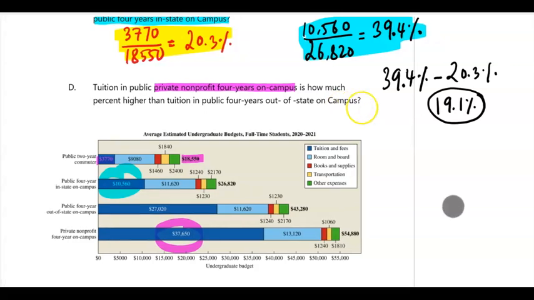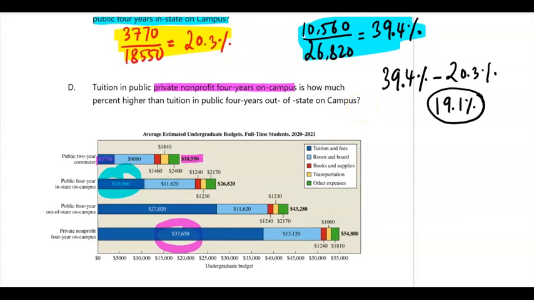Let's find the tuition percentage in each campus. For private non-profit 4-year on campus, the tuition percentage is 37,650 divided by the total 54,880. If you divide and change to a percentage, you get 68.6%.